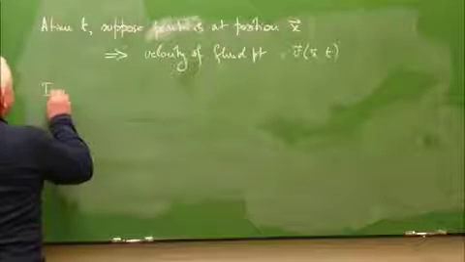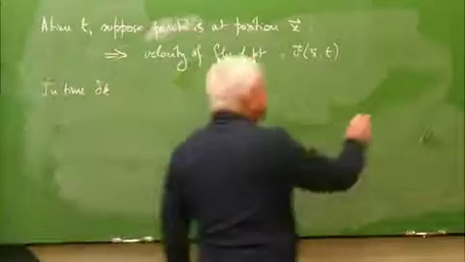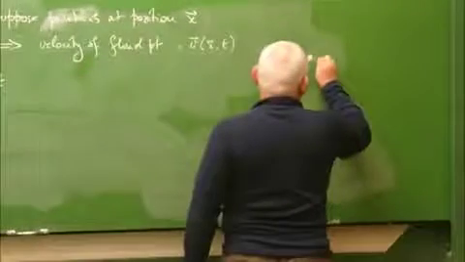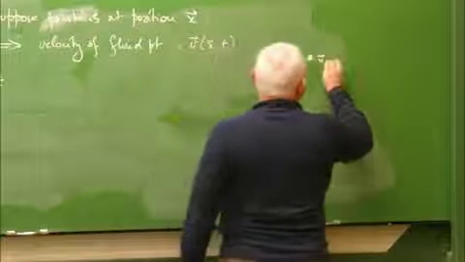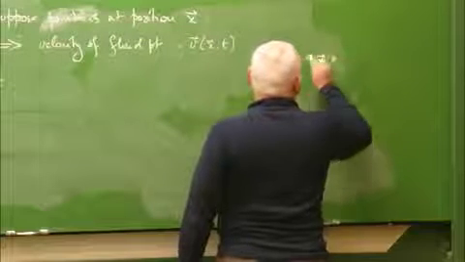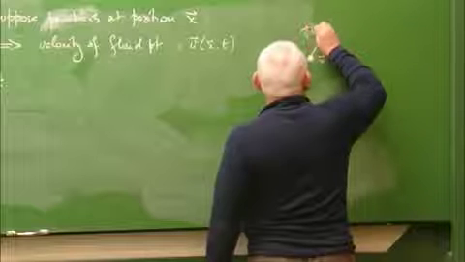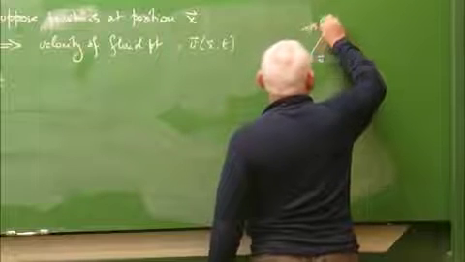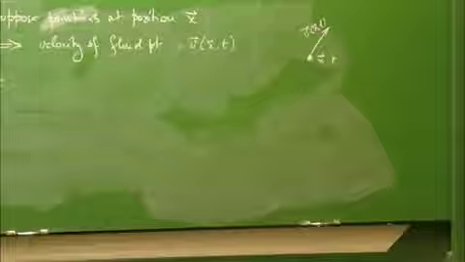So in time delta t, here it is. Here is my position x. It's where the fluid point is that I'm considering, and it is at time t, and so it has a velocity v. And this is the velocity that is produced by substituting the values of the coordinates and the time into the velocity field that describes the motion of the fluid.